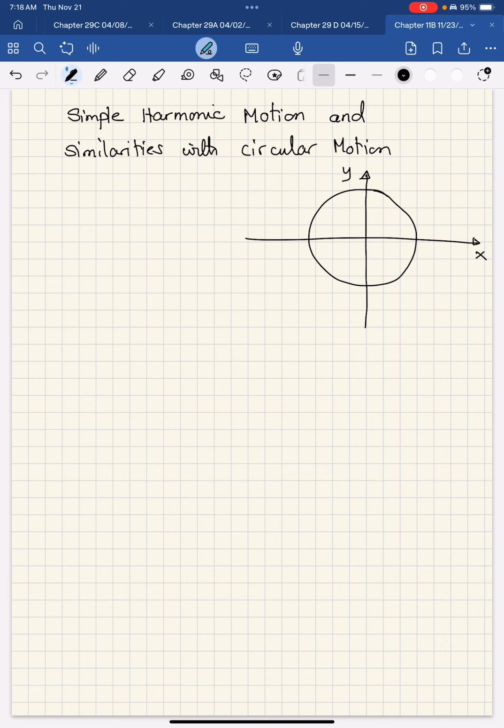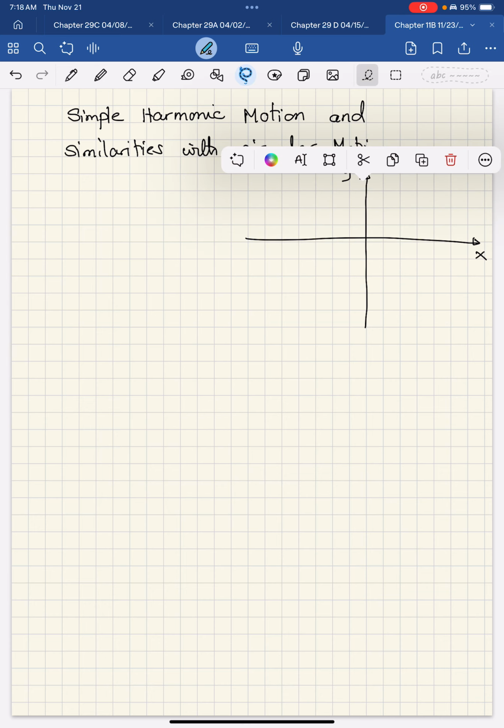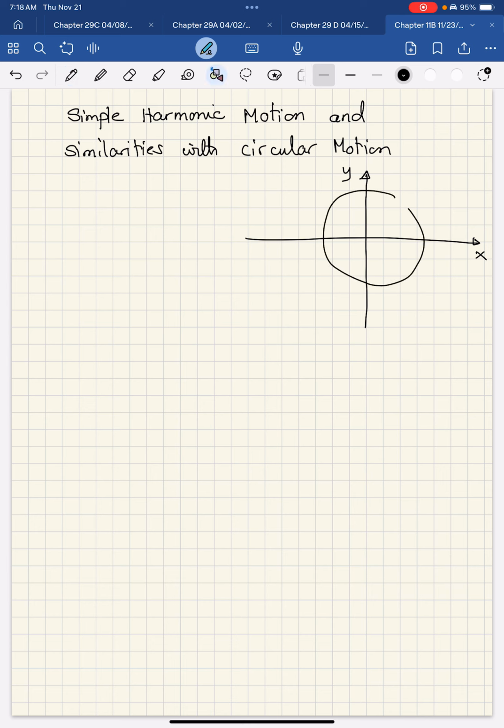Initially my object was somewhere, let's say here, at t equals 0.